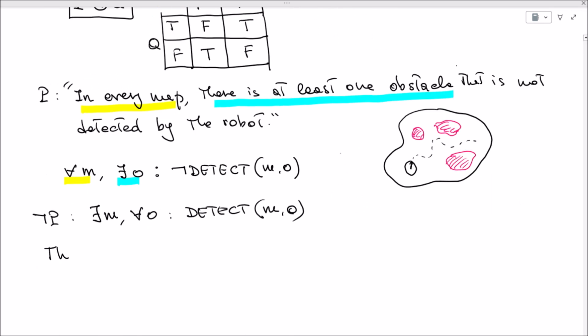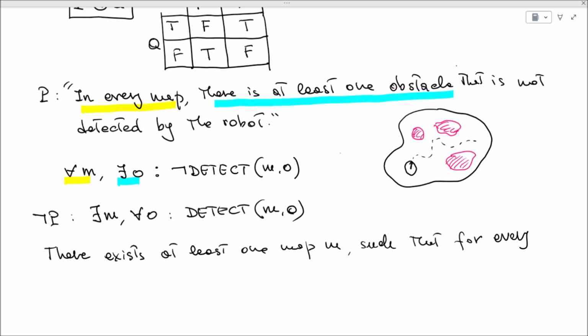There exists at least one map M such that for every obstacle the robot is able to detect the obstacle.